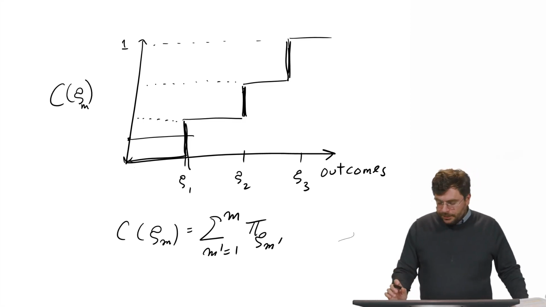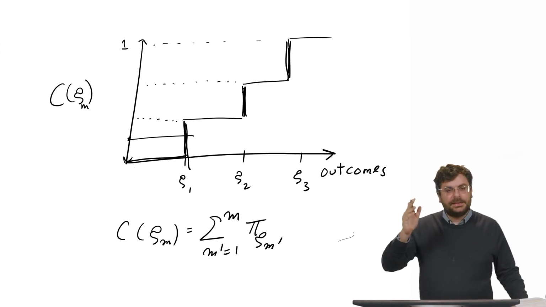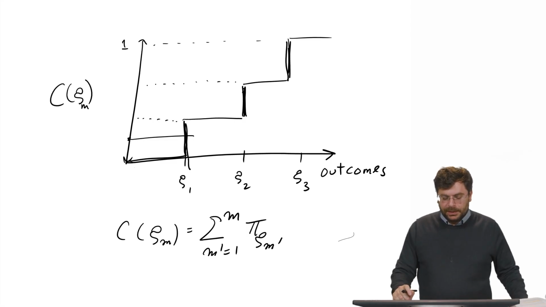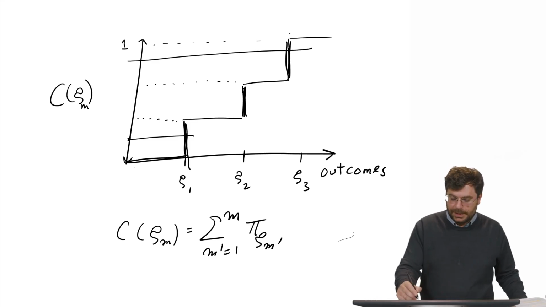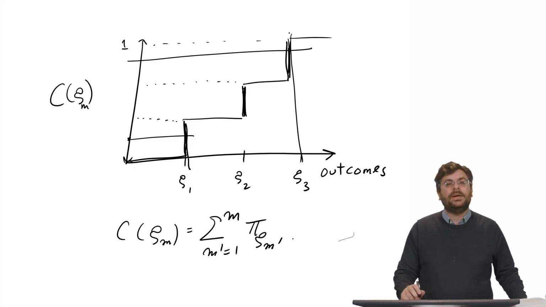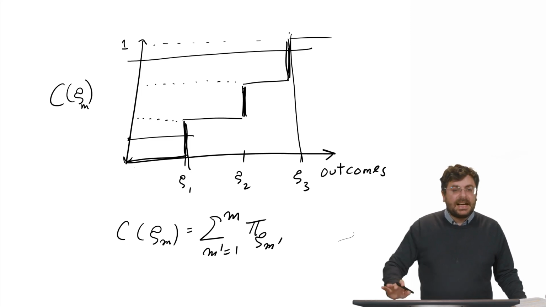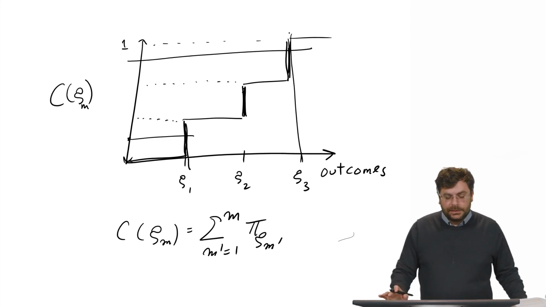Now, if my uniform random variable is larger than pi rho 1 plus pi rho 2, then I pick outcome 3. So this is how I'm going to draw samples from discrete random variables.